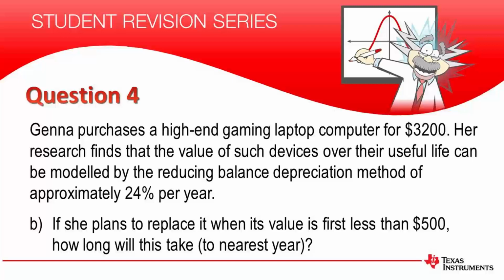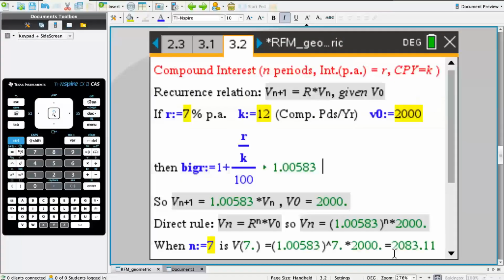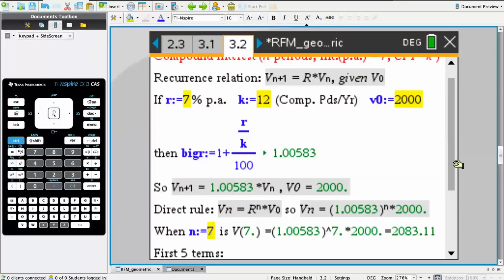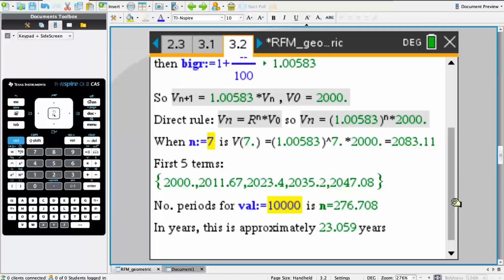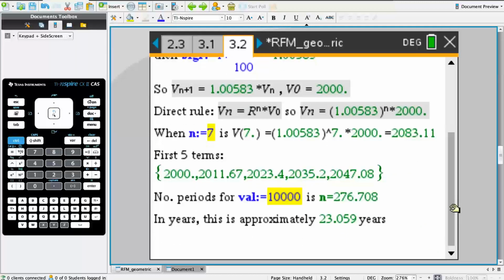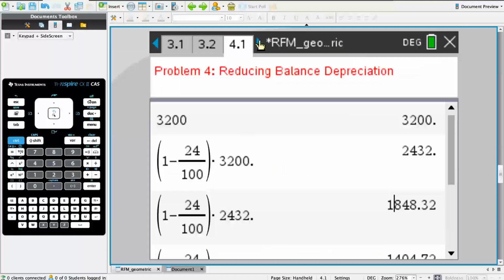Okay, so we jump back to the calculator and we'll go now to, oh, I didn't show you this. Okay, that was for the previous problem. Again, it's just another template for calculating compound interest and using solving to work out values, the time it will take for the investment to reach a particular value. Okay, we'll keep going. So here's our scenario.